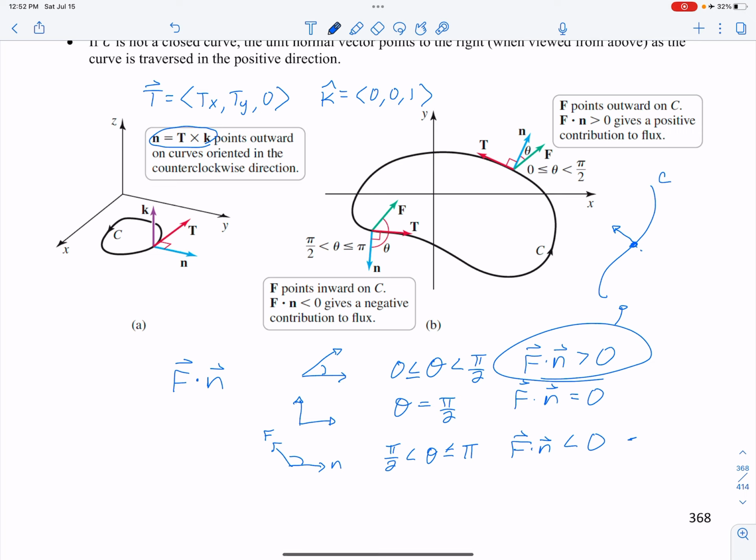Positive answers tell me there's a lot going this way, negative answers tell me there's a lot going that way, and if I get a 0 for the dot product, there is no flux, no crosswind. We have one more thing to do, and then we'll do an example. We need to calculate this thing. It's a little bit of work.